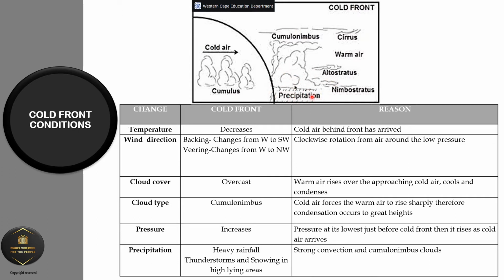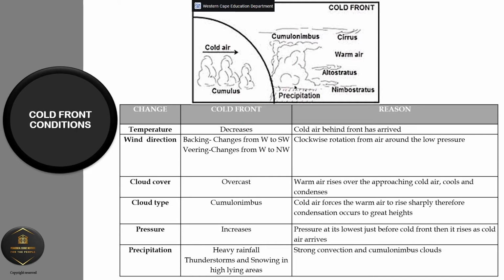Now, in the exam, you would be asked what will happen, how will the atmospheric conditions change when a cold front approaches? Now remember, in front of the cold front we'll have the warm sector, right? And over there we'll have our cumulonimbus clouds having formed and precipitation happening. So now we look at different aspects of how the atmospheric conditions will change.